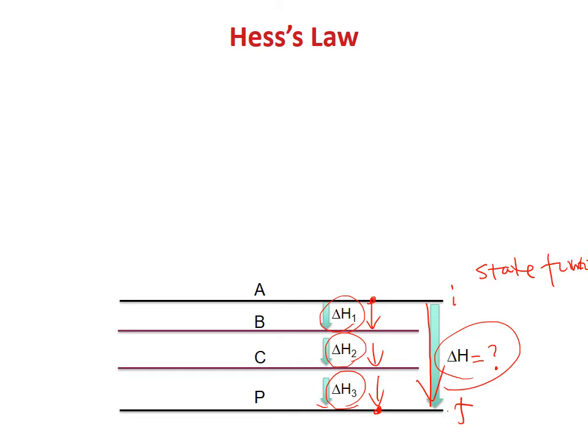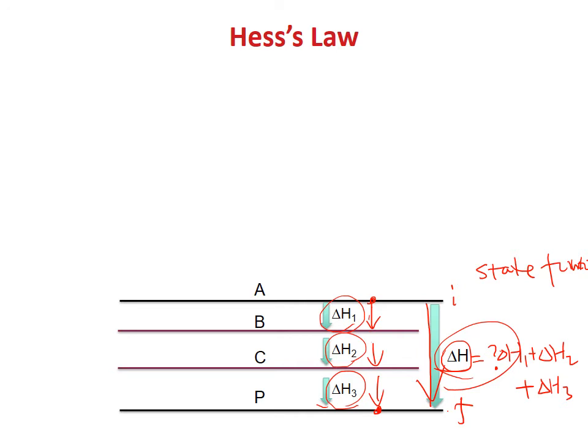So the first path's delta H should equal the second path, which is delta H1 plus delta H2 plus delta H3. Okay, now this is only true for state functions.